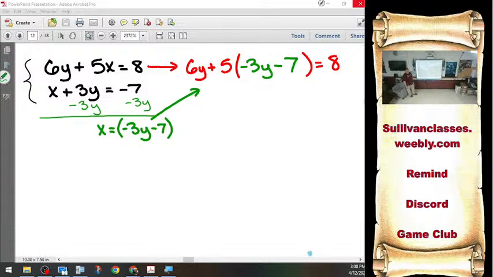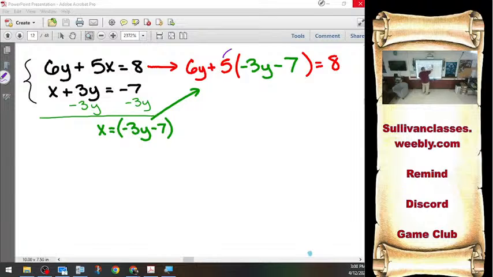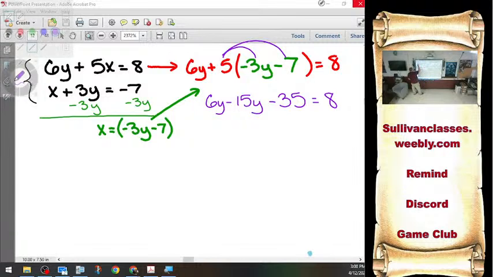Cool? Yeah. All right. Then, get my green back here. We distribute it. Call it 6y minus 15y minus 35 is 8. Some of us are already starting to twitch because that line isn't there. That line helps me to not goof things.